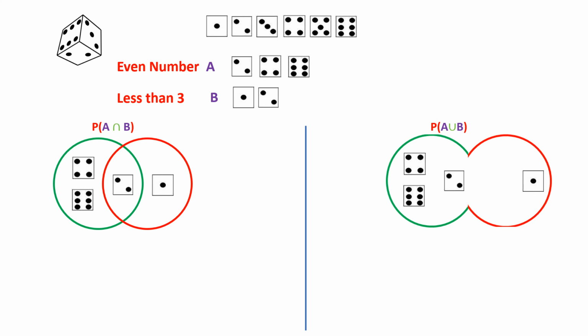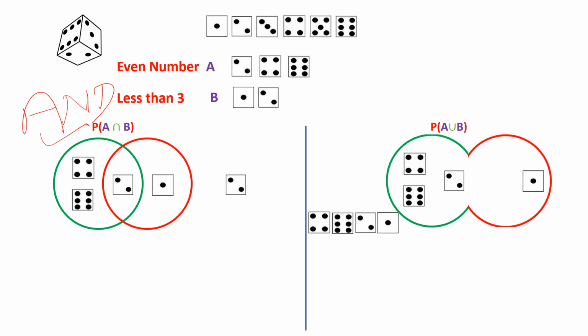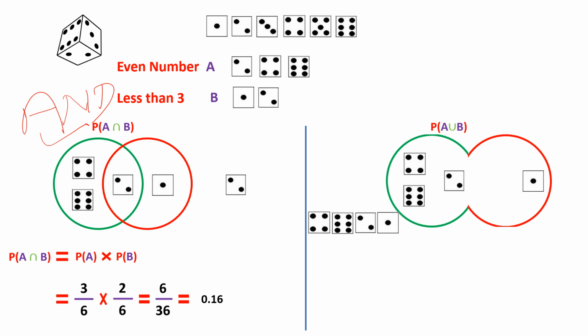So in the first case, in case of AND, there is just one favorable outcome, while on the flip side we have 4 favorable outcomes. Now in terms of formula, probability of A intersection B equals probability of A into probability of B, and with numbers, 3 by 6 into 2 by 6, which is further solved to 0.16.